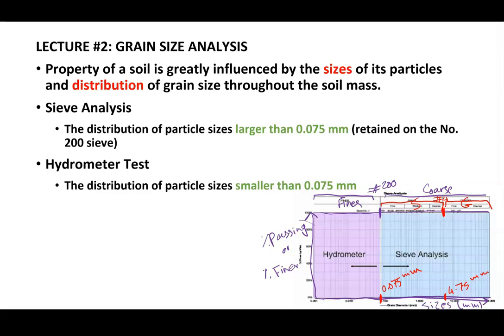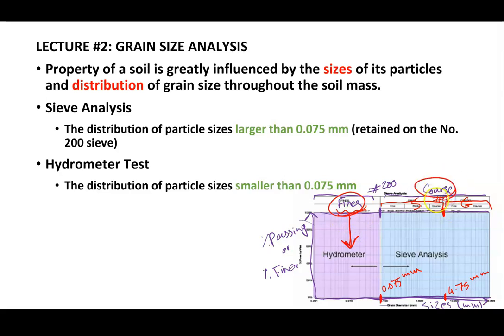So the objective of sieve analysis and hydrometer test, or in general grain size analysis, is to make the grain size distribution curve. Because property of soil is influenced by the size of the particles and by how much of each size we have. So the distribution of grain size throughout the soil mass. So for fine material, fine grained soil, we do hydrometer test.